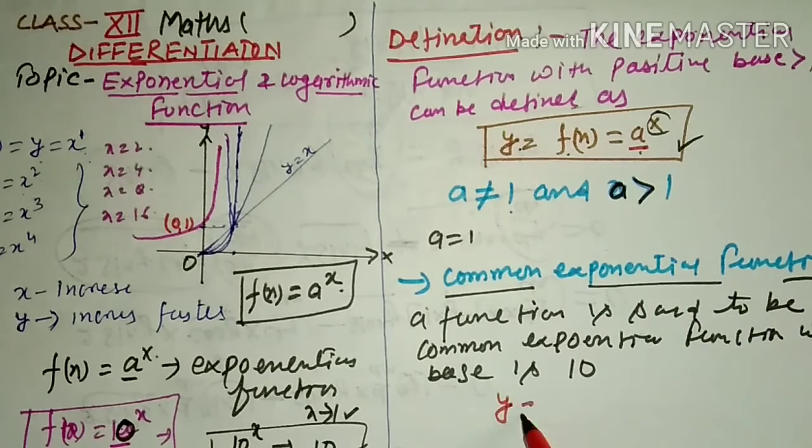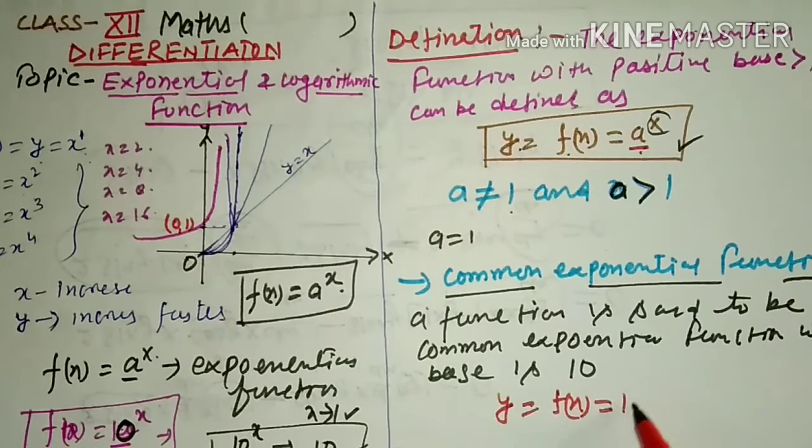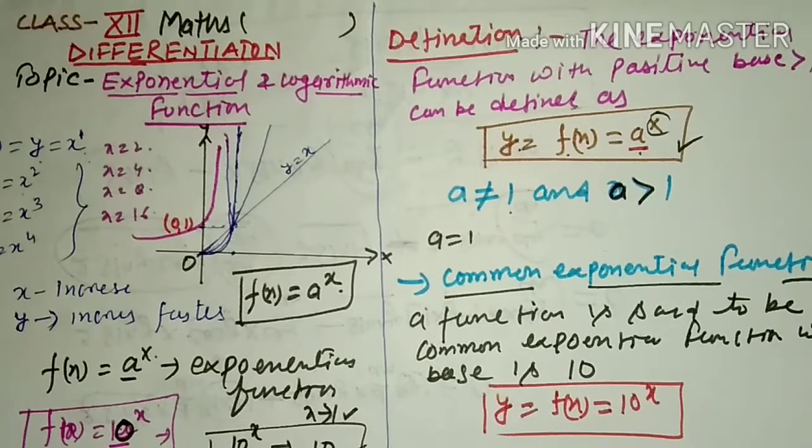Then y is equal to f(x) is equal to 10 to the power x. So this is called common exponential function. Clear? Second is natural exponential function.